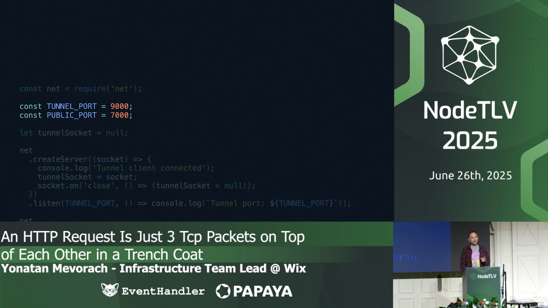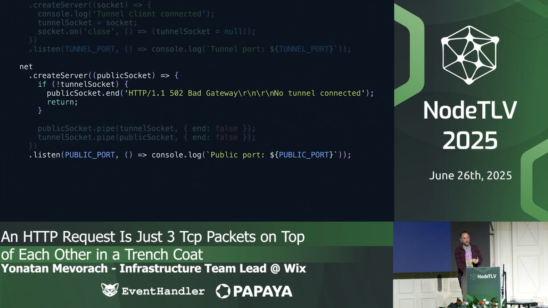Port 7000 is going to be used as the entry point for the HTTP request. Like we showed before, we don't need to really start an HTTP server, because as long as we're not trying to read it as an HTTP request, for us it can just be a TCP server. And the tunnel port, port 9000, is the one that the client has to connect to first in order to open this connection.